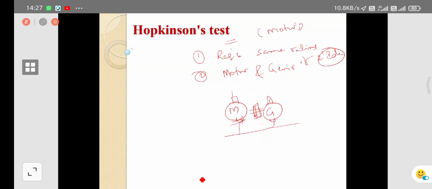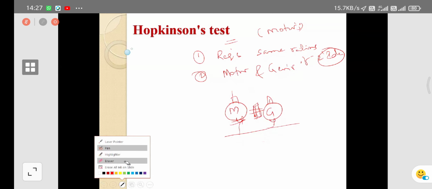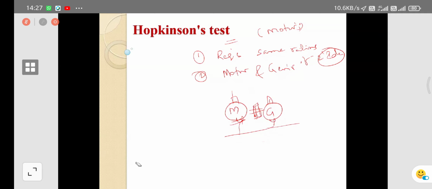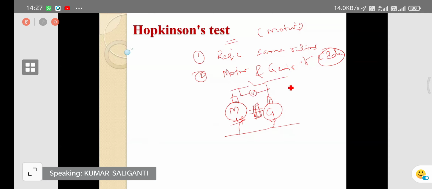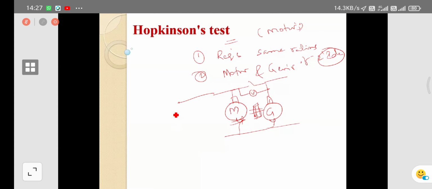Let us see here. This is one voltmeter I am going to take. This is the connection, this is the field side, this is the line side, and this is the supply voltage.